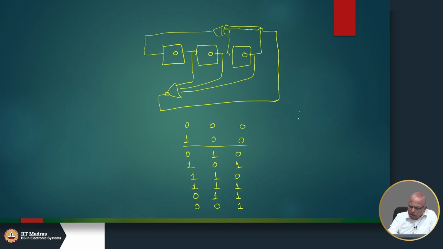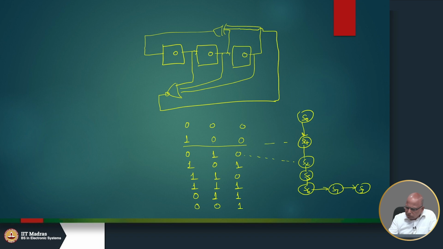Okay. So, if you start with S0, that is all 0 state, it will go to S1, I am sorry, S4, then it will go to S2, then it will go to S5, then it will go to S6, then it will go to S7, then S3, then unfortunately it goes to S1, and after that it is not going to 0 0 0 state.